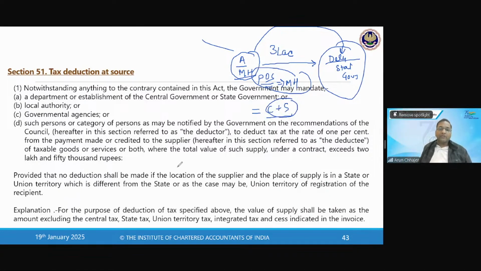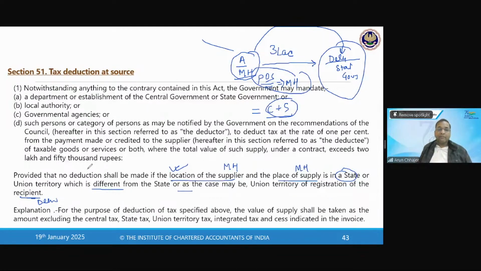Therefore, the proviso has been added. They are saying, अगर supplier का location और place of supply एक state है and different है from the state of the recipient, that is Delhi. यहाँ पर दिल्ली है recipient, but supplier कहाँ पे? महाराष्ट्र में, और place of supply कहाँ पे? महाराष्ट्र में.